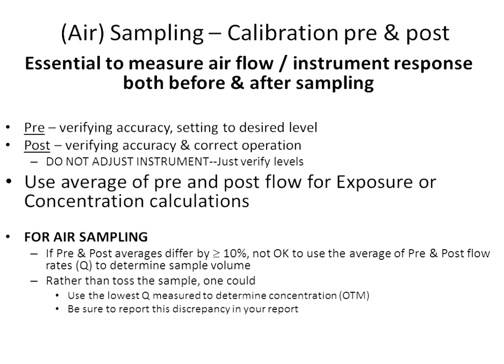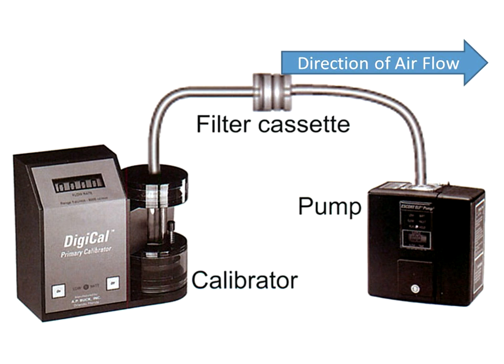And this is important. This would be something that we'd have to definitely write down in our report as a limitation that happened during the implementation of our sampling plan or our sampling strategy. In following the protocol, being we calibrate pre and post, we found an error, and therefore we sent the lowest Q to determine our concentrations.